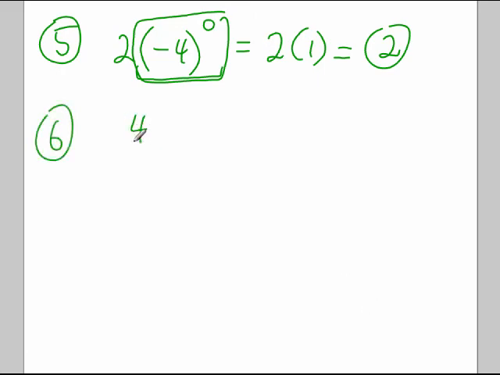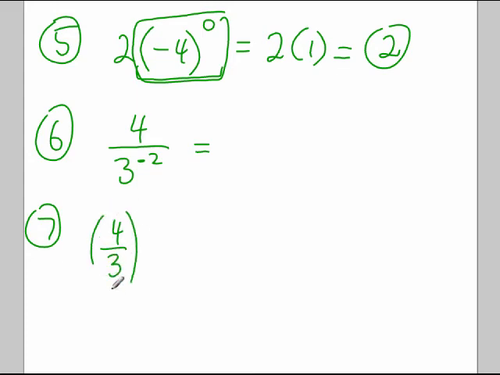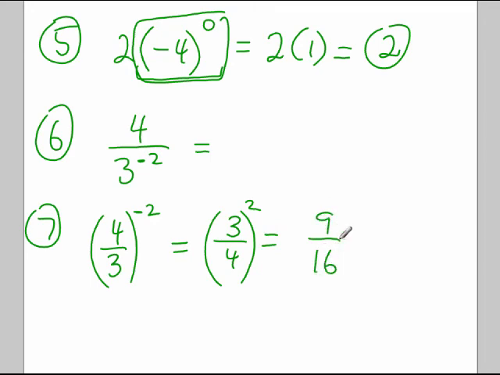What if I had 4 divided by 3 to the negative 2? Alright, so the way I'm going to handle this one, first of all, this is not the same as the previous one. Let me just make this a separate question. We just talked about a fraction to a negative exponent, meaning we reciprocate the base, make the exponent positive, and square numerator and denominator. Here the negative 2 is only on the 3. So I'm going to take this expression and break it up into two different fractions.